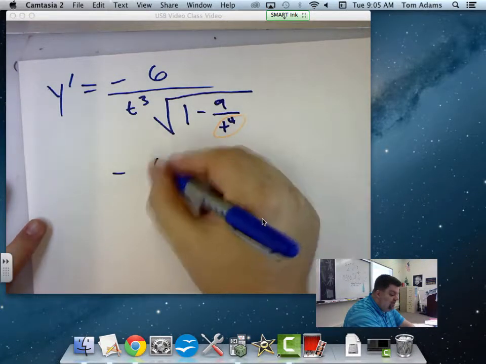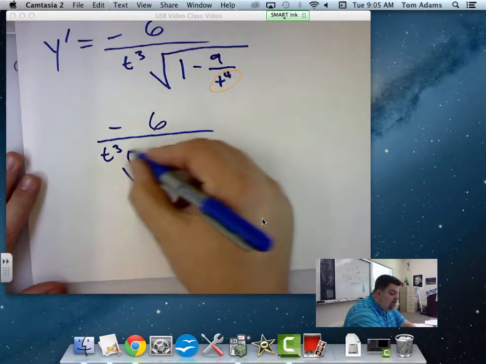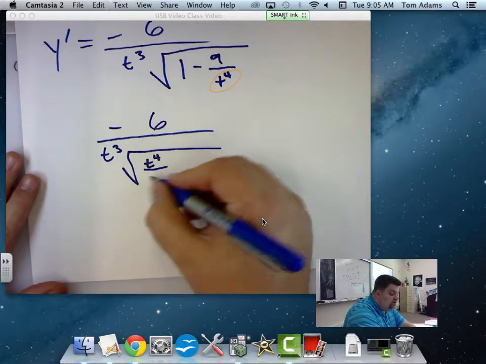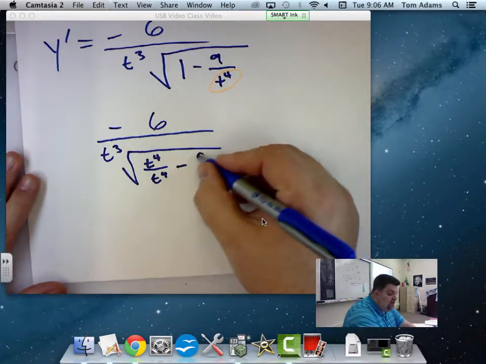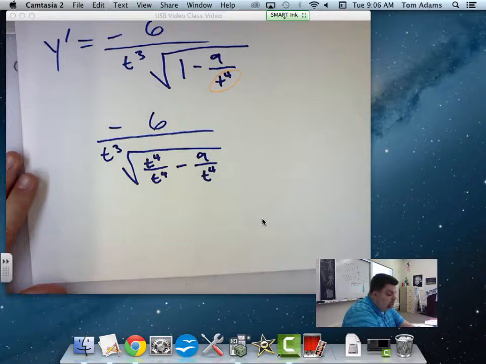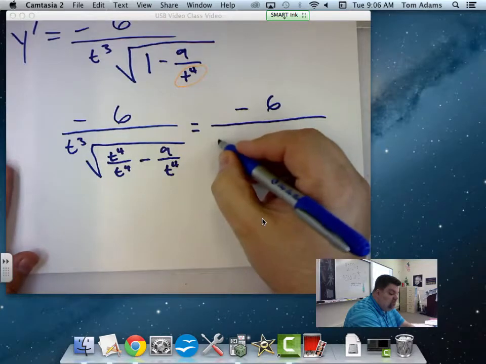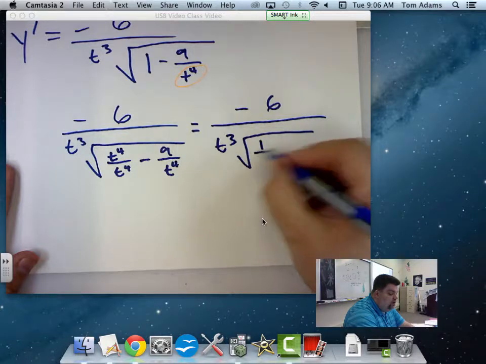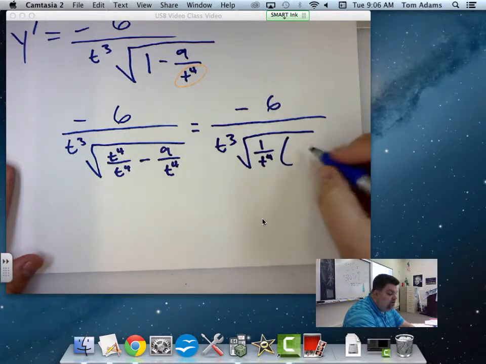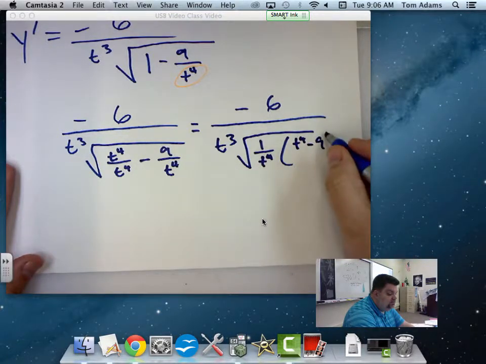So I've got negative 6 here, t to the 3rd here. Now I could rewrite this as t to the 4th over t to the 4th, minus 9 over t to the 4th. Now what that allows me to do is say the square root of 1 over t to the 4th times the quantity t to the 4th minus 9, all over 1.